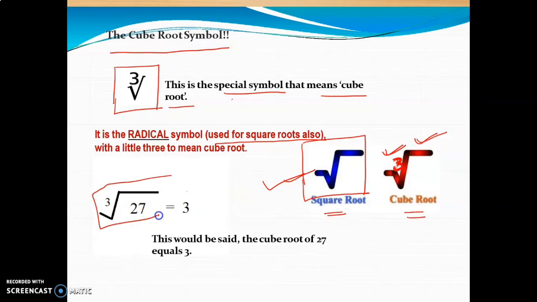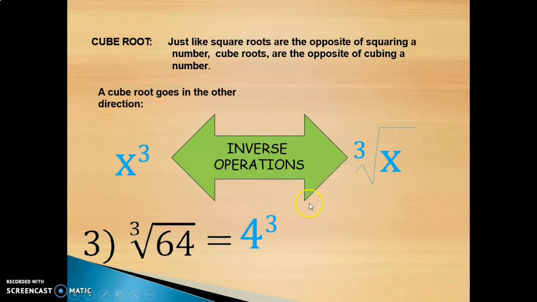How will you read it? The cube root of 27 is 3. This is read as the cube root of 27 is equal to 3. Just like square roots are the opposite of squaring a number, cube roots are the opposite of cubing a number. A cube root goes in the other direction. That is called an inverse operation.